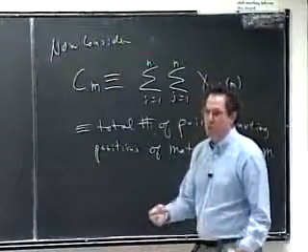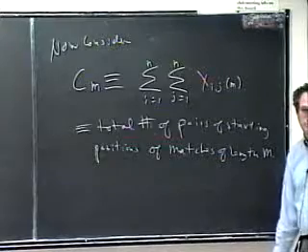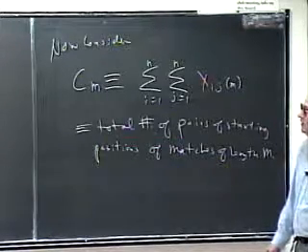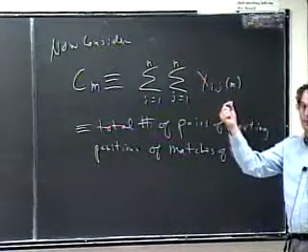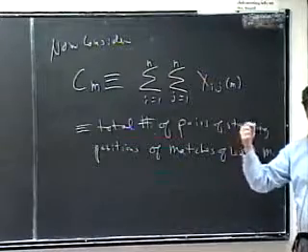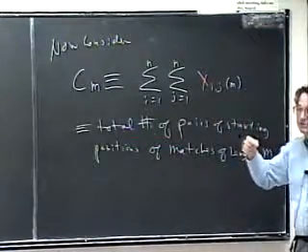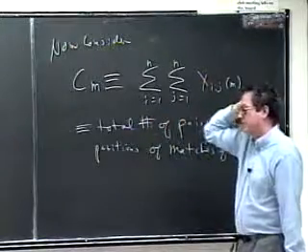A more abbreviated way of saying that is it's the total number of matches of length m. You could have a match of length m starting at position 5, say, in one string, and 7 of the other one, and then again 5 and 26. So the same i could be used several times. The same j can be used several times.